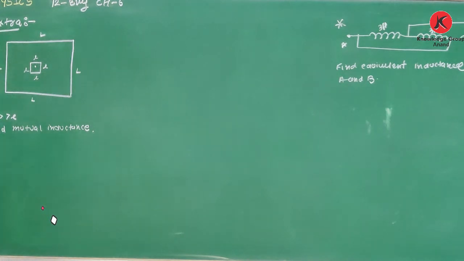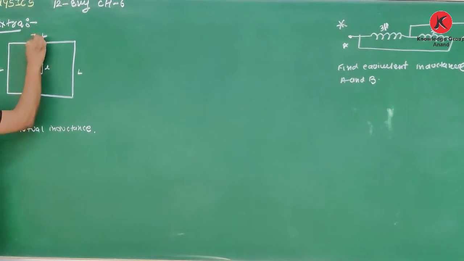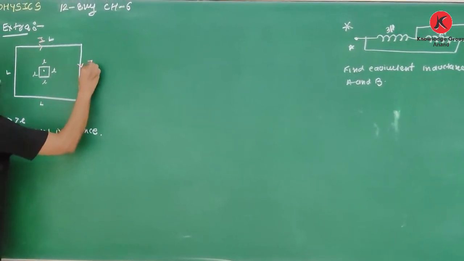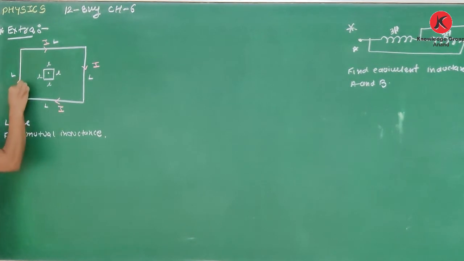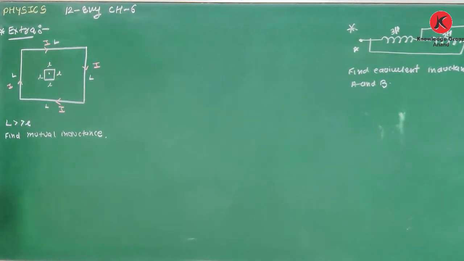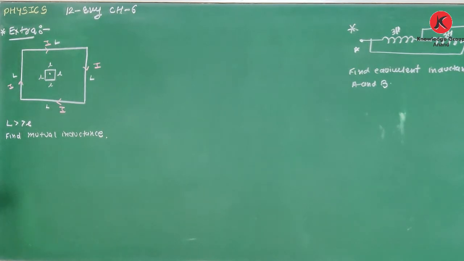I am assuming current I is flowing in this large coil. Let current I be flowing in the large coil.